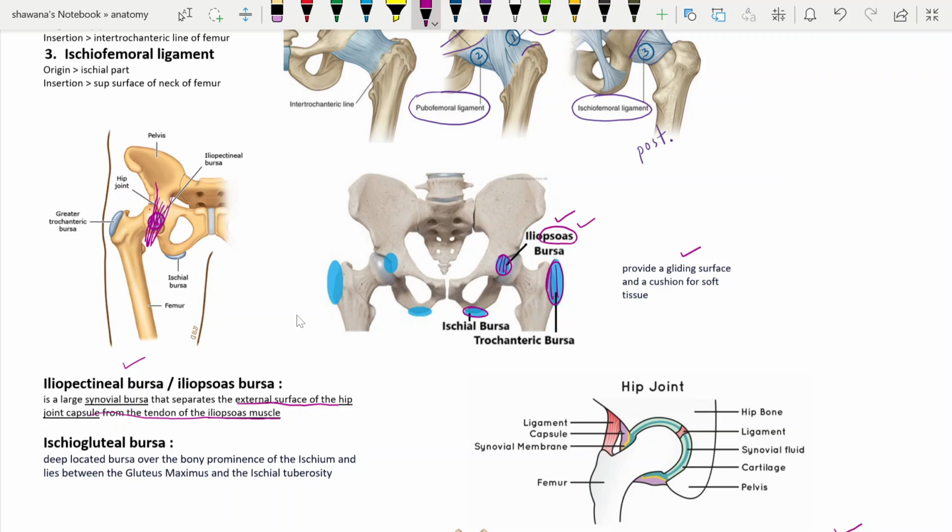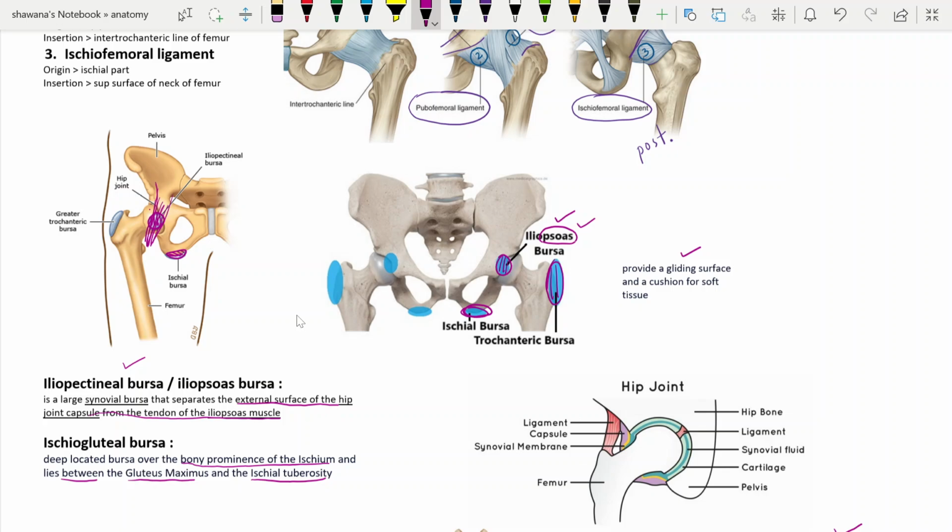The second is the ischio-gluteal bursa. It is located over the bony prominence of the ischium, between the gluteus maximus and the ischial tuberosity. This is the ischial tuberosity, and here is also the gluteus maximus muscle.